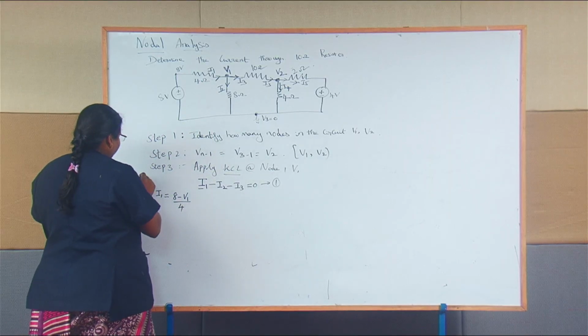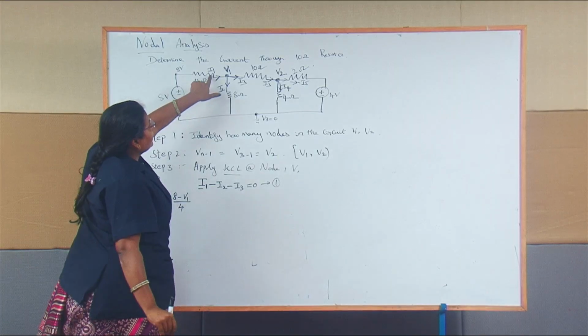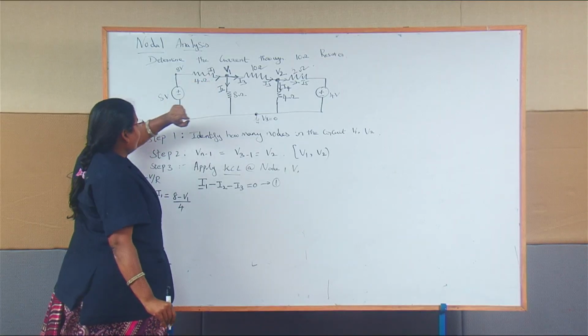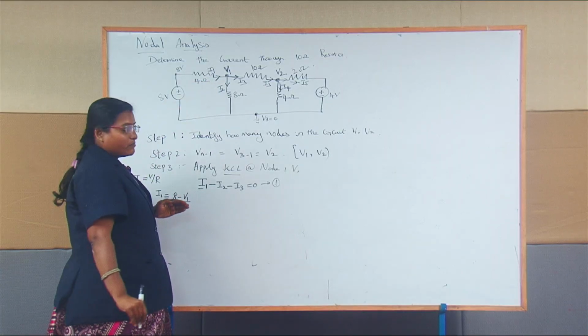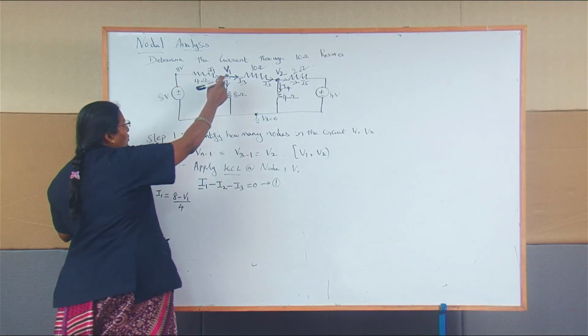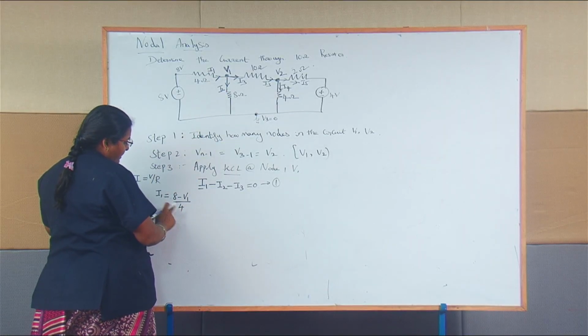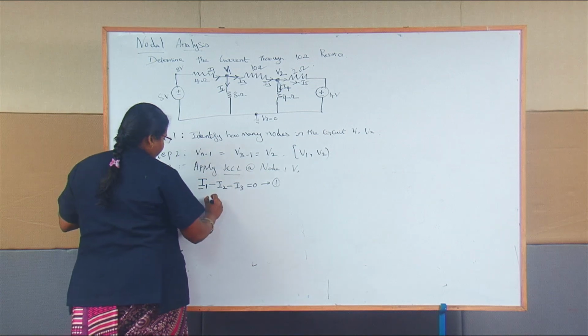For each branch current I mention V by R. So 8 minus V1 divided by 4 is your I1.